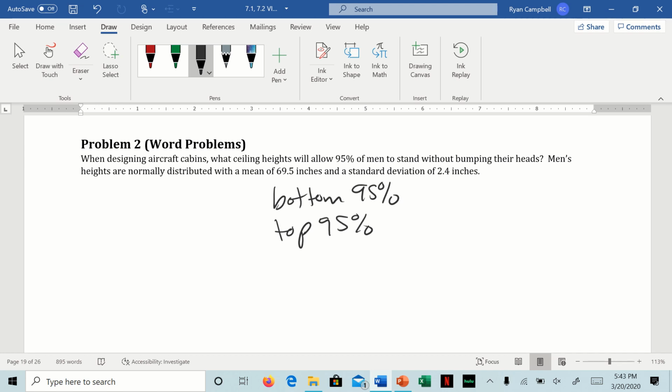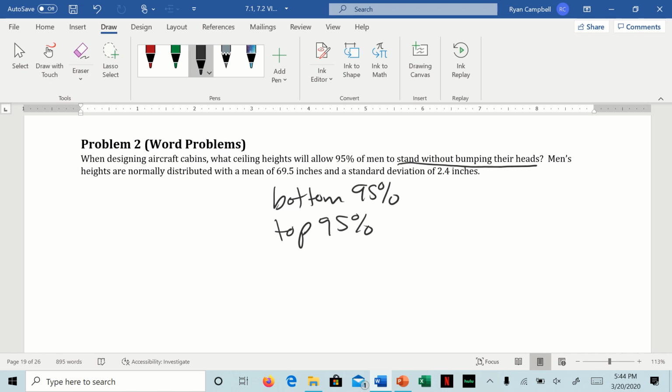This is where the word problem comes into play, because you have to know from the context of the problem. You can't just say, oh, 95, that's a big number, it's the bottom, or 95, that's a big number, it's the top. No, it has nothing to do with 95. It has to do with what the problem is saying. So what do we know about these 95% of men? They have to stand without bumping their heads.